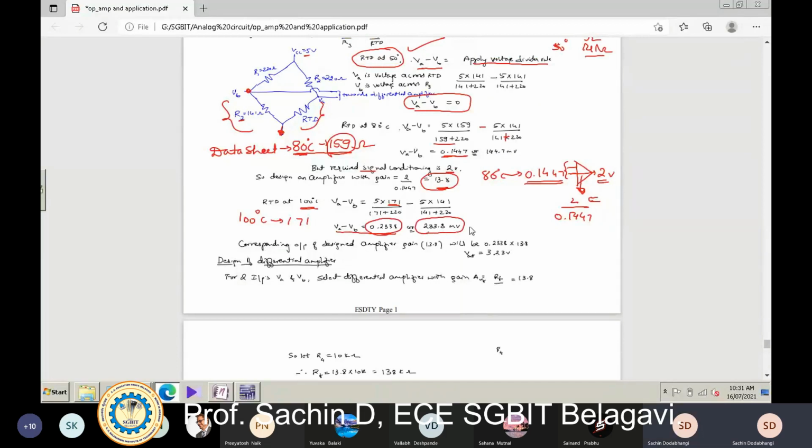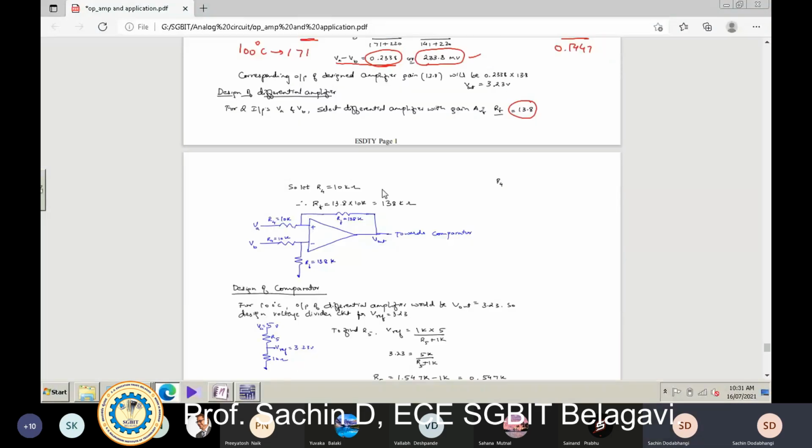Now I am going to design for 13.8. The gain of the amplifier should be 13.8. So here is my design. Look at this diagram, this is my differential amplifier. The gain of the differential amplifier is given by RF divided by R4. This resistance divided by this resistance should equal 13.8.